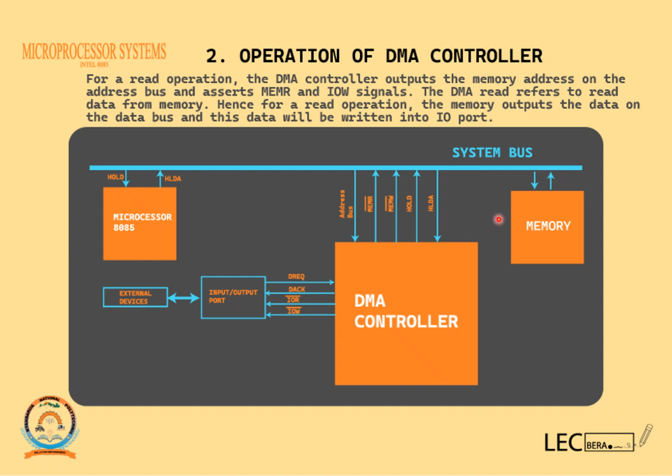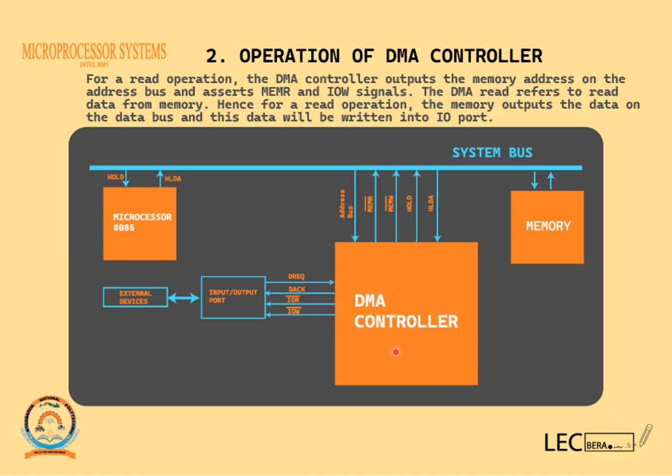And then what the DMA controller is going to tell the memory is to avail data at a certain address. There's an address which was shared earlier by the microprocessor. Remember, the microprocessor will share the address of where data is coming from, and that address is going to pass through the address bus to the registers of the DMA controller.